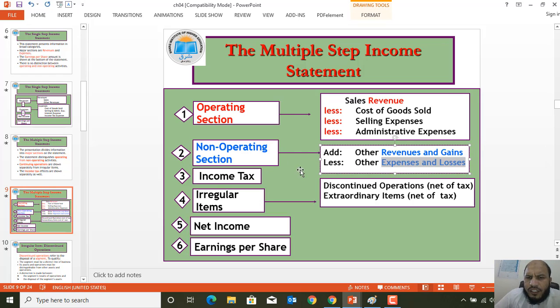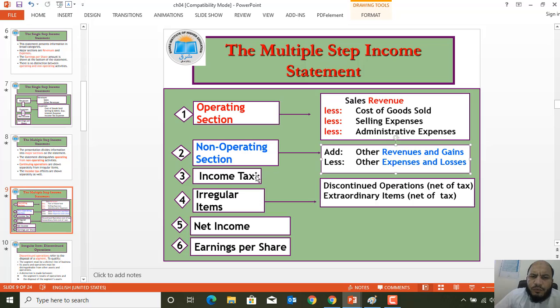Other revenue, other gains and other losses are part of the non-operating activities. So we already mentioned that the multiple step income statement has the operating section and also the non-operating section.